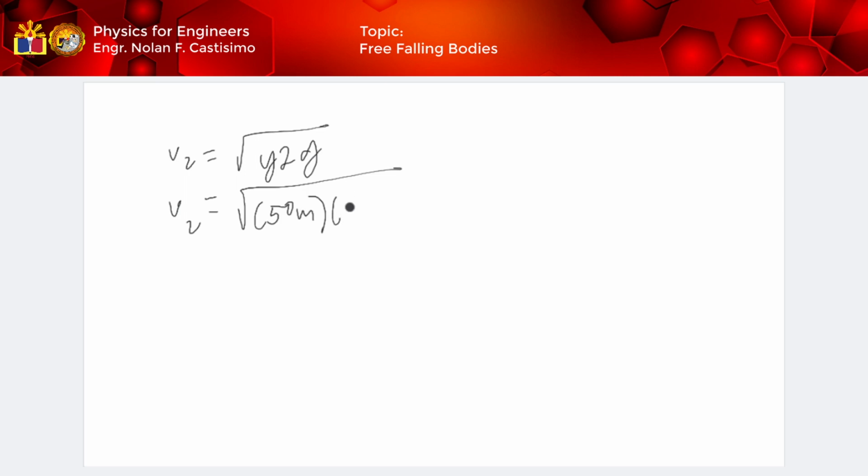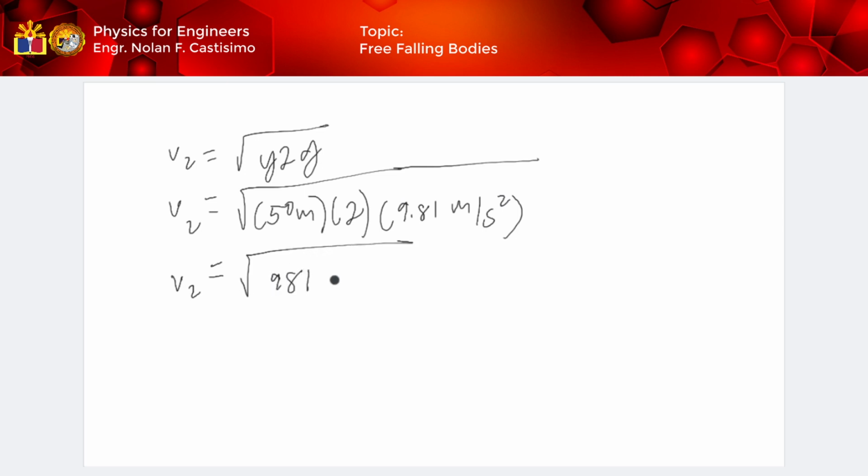And we have 2. And our gravitational acceleration, which is constant, 9.81 meter per second square. Okay, naka-square root lahat yan. So, makukompute natin, v2 is equivalent to square root of 981 meter square per second square.